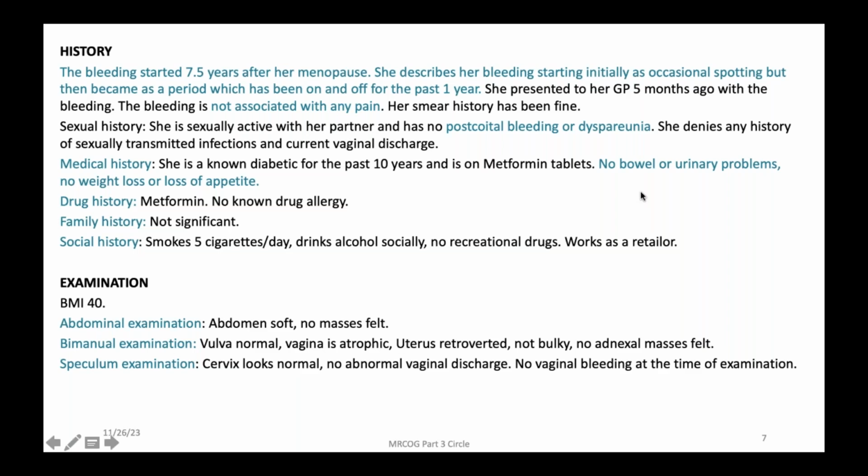Now, when you mention you want to do an ultrasound scan, justify what your aim of doing an ultrasound scan is. What are you looking for? Ultrasonography to see the size of the uterus, the lining of the endometrium, whether it is thickened more than 4 millimeters, which will be taken as abnormal in postmenopausal ladies.